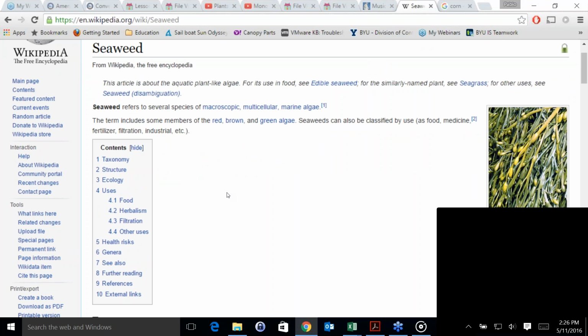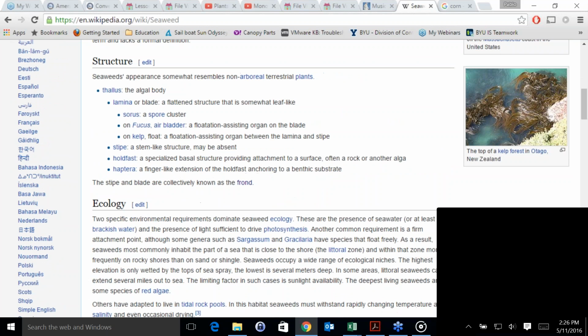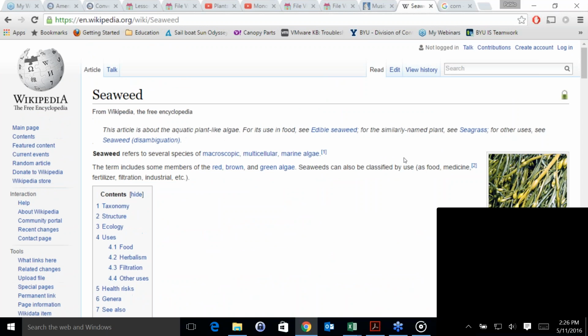So they are not really plants. They are not bacteria. They are not animals. This is the kingdom that has everything else in between. So the seaweed is a case where you have a multicellular algae and it's macroscopic, meaning that it's not very small, it can go very, very large. So seaweeds are not plants.